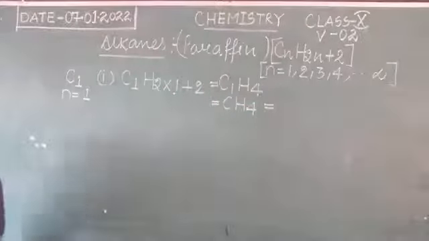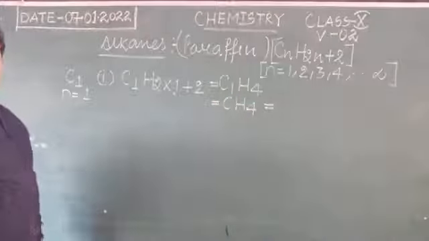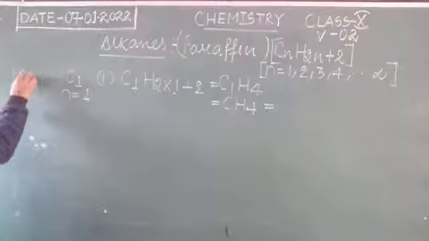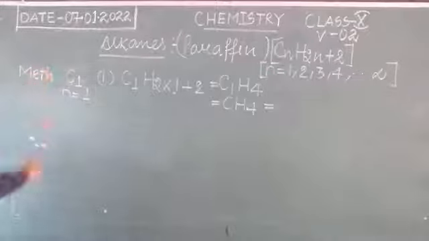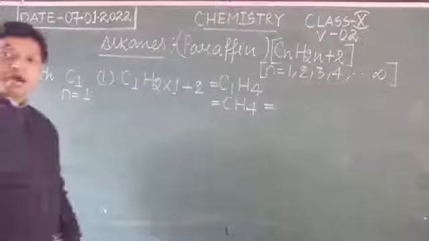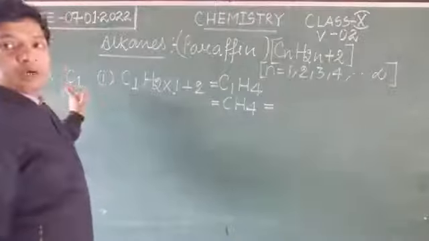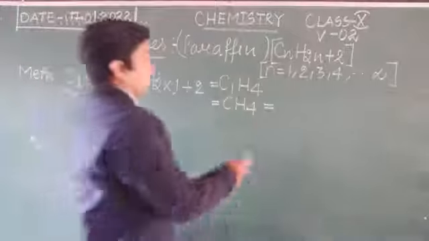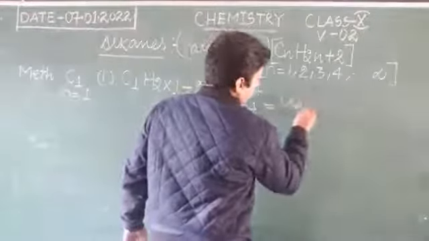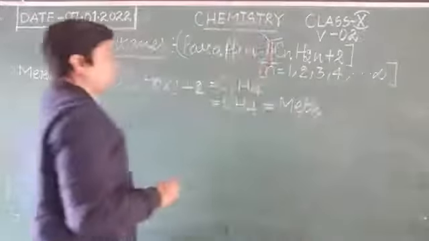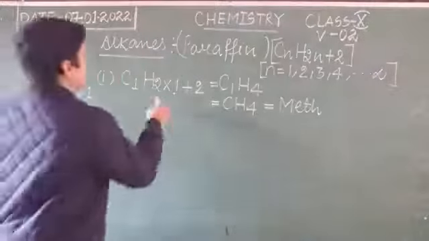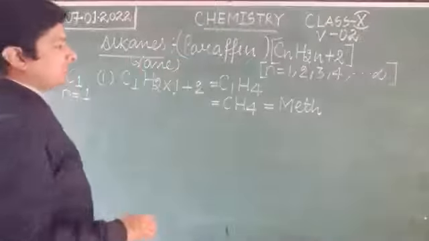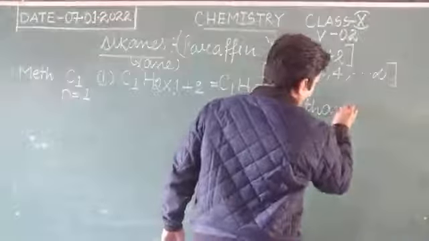For a carbon chain containing one carbon atom, we use the word meth, and when we add the suffix ane, it becomes methane.